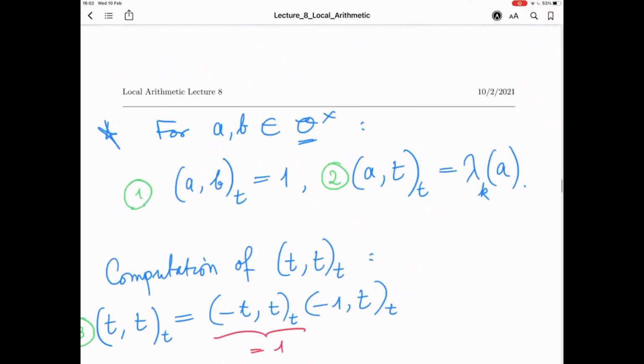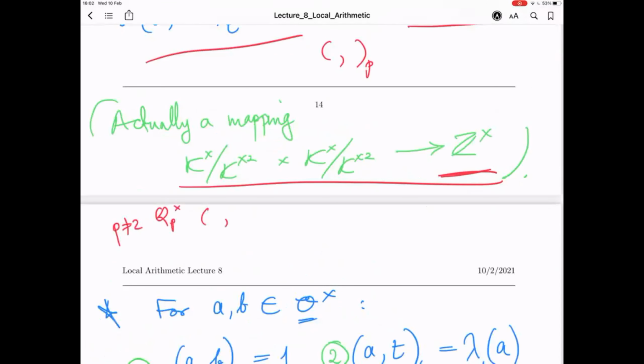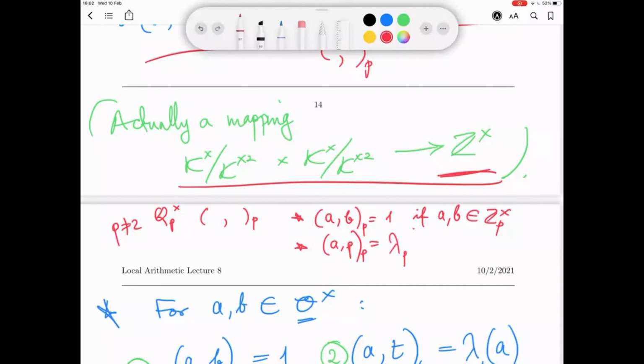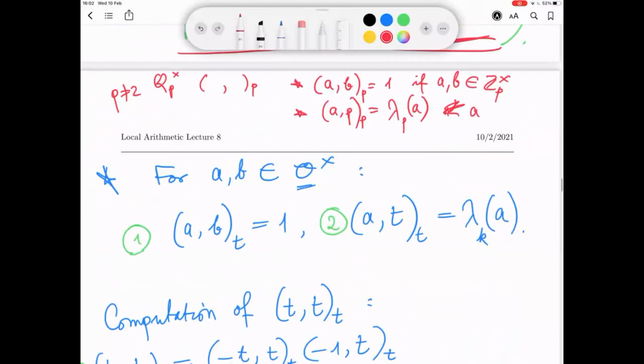Okay, now just as in the case of p different from 2, on Q_p star you had this Hilbert symbol, and it was completely characterized along with these properties by the fact that (A, B)_p is equal to 1 if A and B are both units, and (A, p)_p is lambda_p of A, if A is a unit.